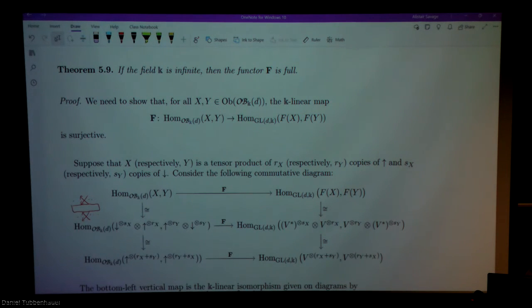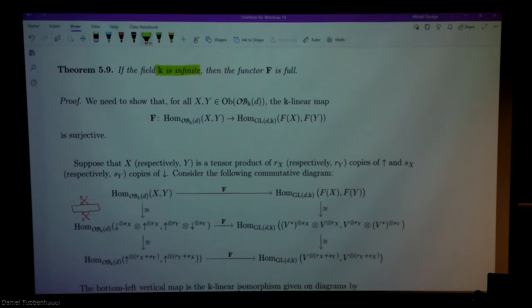And what we really would like is that our functor is full, so surjective on morphism spaces, so that all homomorphisms between all of these tensor products of V and V dual are in the image. And so we can really study them all by studying the oriented Brauer category. And that turns out to be true, as long as we make some assumptions on the ground field.